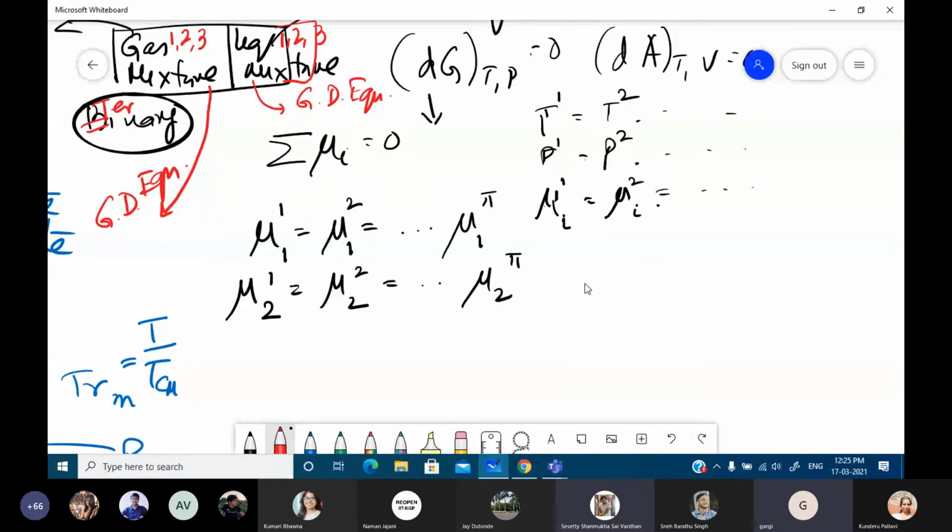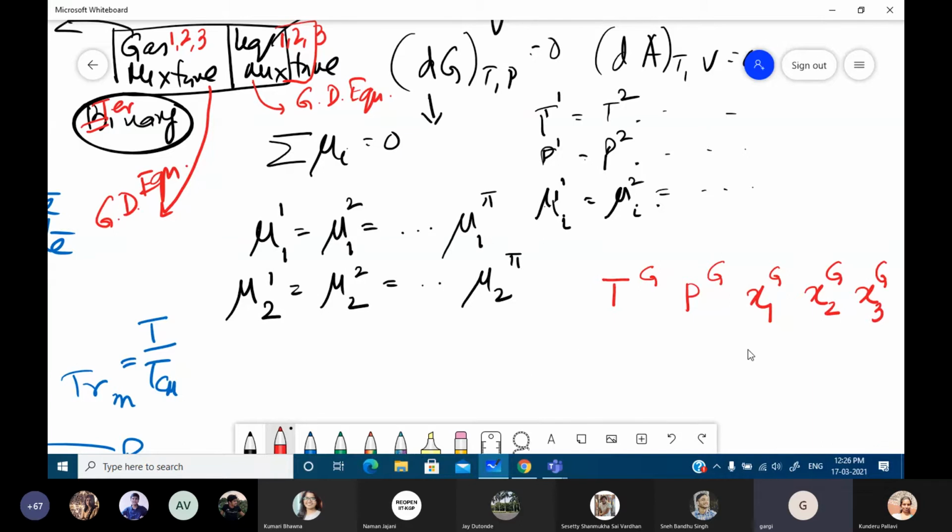You need temperature, definitely. See, if you know temperature and pressure, you can find out volume, isn't it? What you need is the temperature of the gas phase. You need the pressure of the gas phase. You also need the composition of the gas phase, which is in other words, X1 in the gas phase, X2 in the gas phase, X3 in the gas phase.